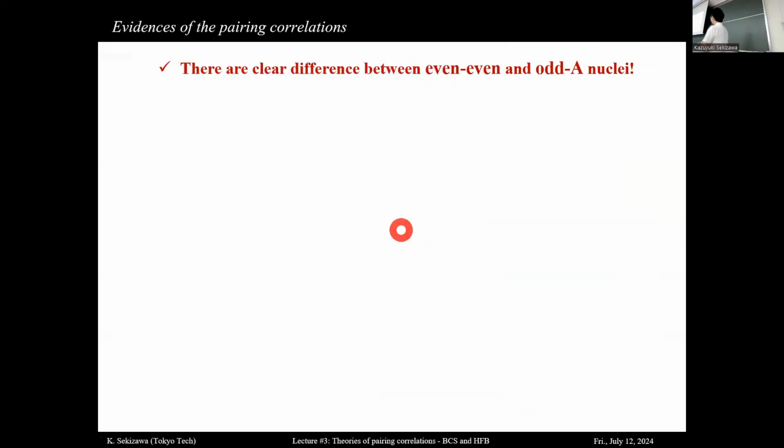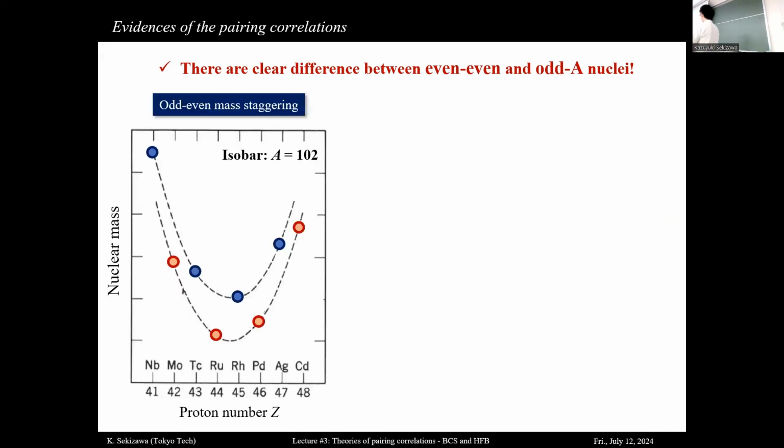Okay, so now I will show other evidence. And I think I already mentioned this in past lectures. Here I show odd-even mass staggering. These are the nuclear masses plotted as a function of proton number Z for a specific mass number.